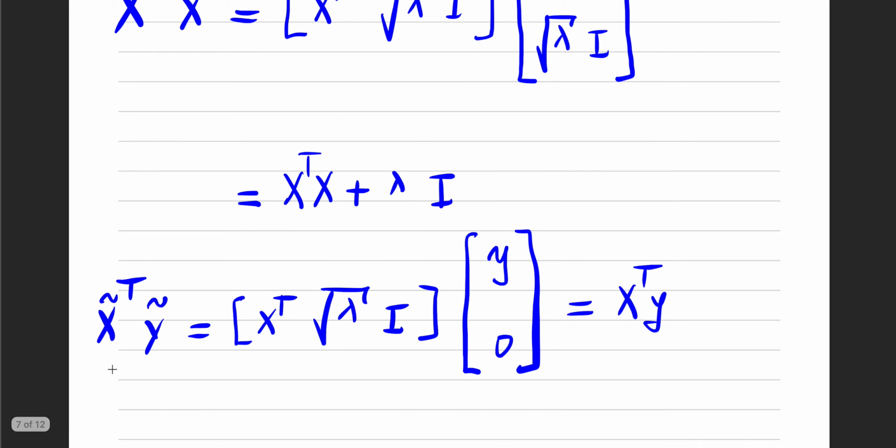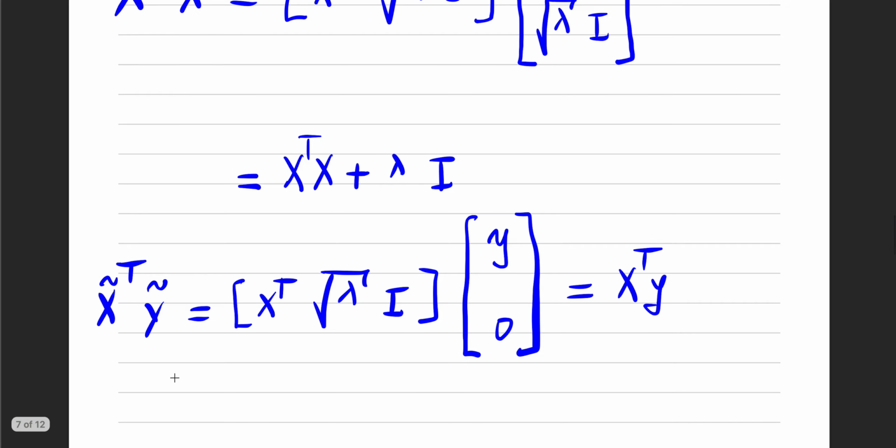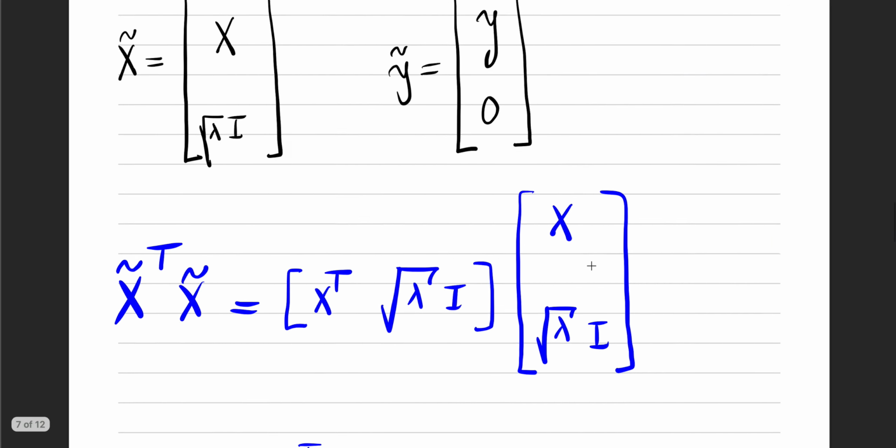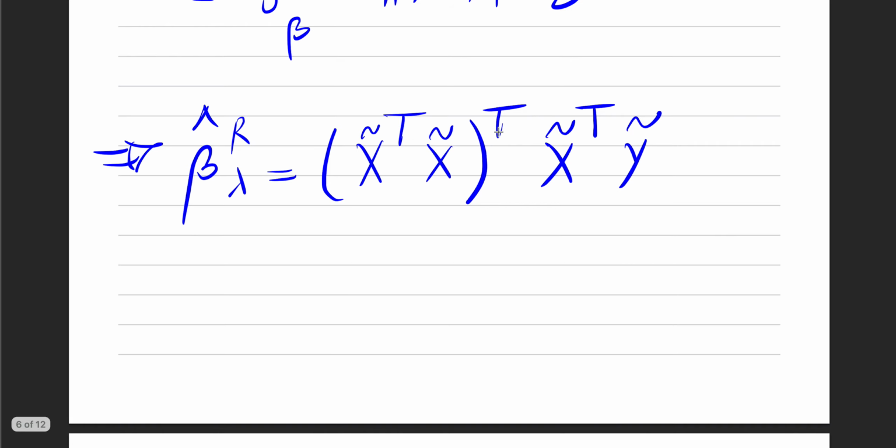What about X tilde transpose Y tilde? It gives us X transpose y plus this multiplied by 0, so we end up with X transpose y. We substitute here what we have, and here what we have.